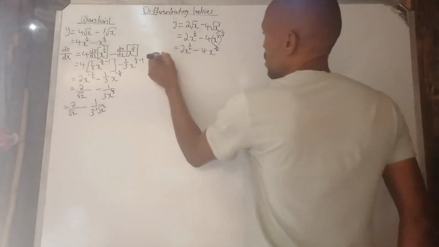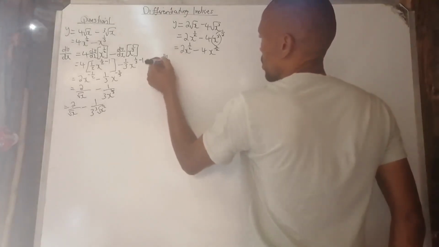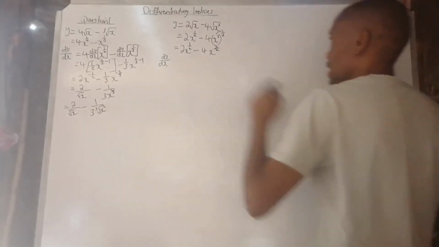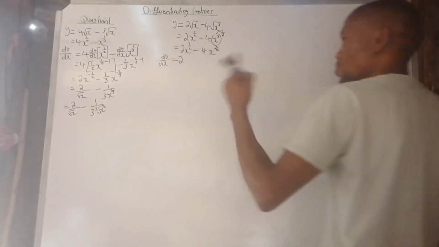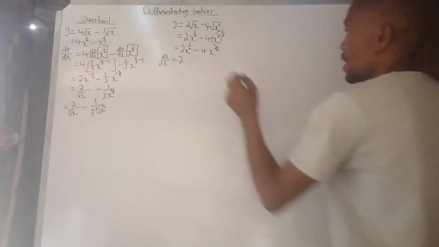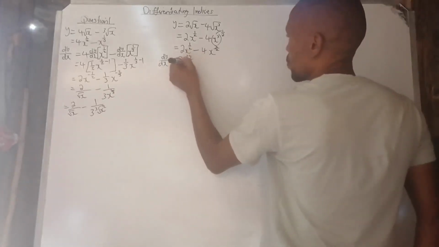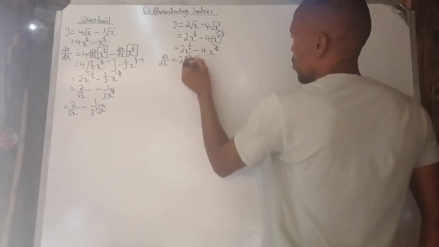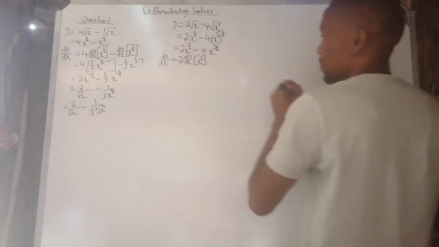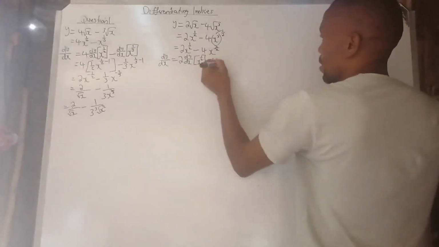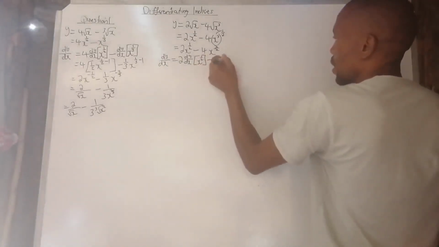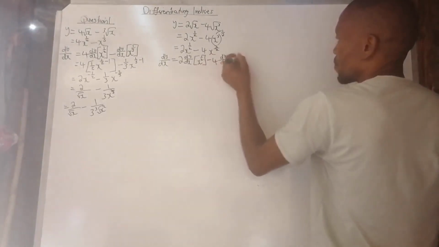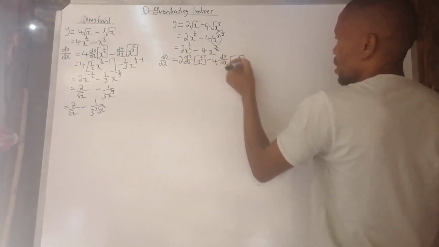We can say the derivative of y with respect to the derivative of x. This is equal to 2, factor out a constant, and then d/dx of x to the 1/2, very important, minus 4 d/dx of x to the 3/2.